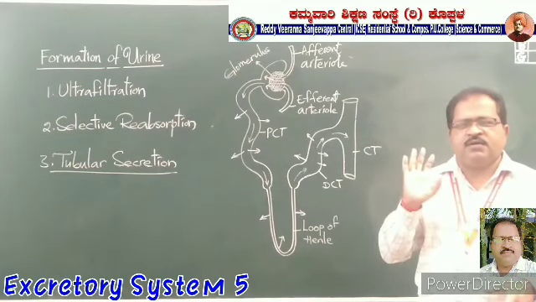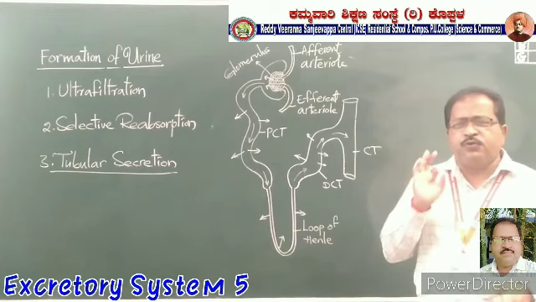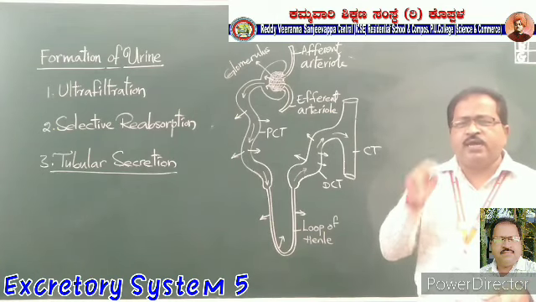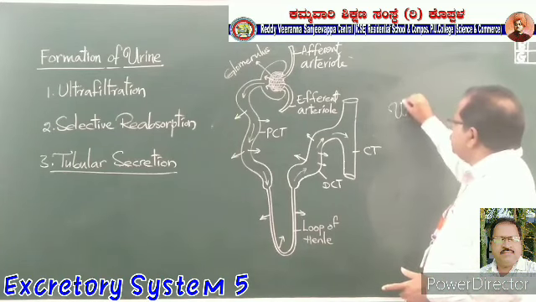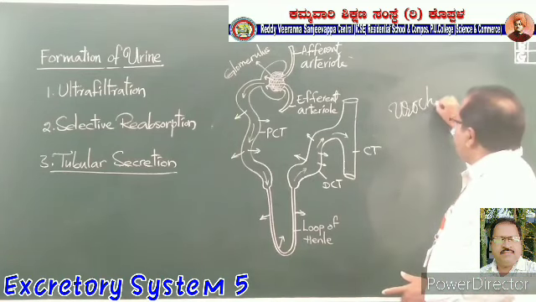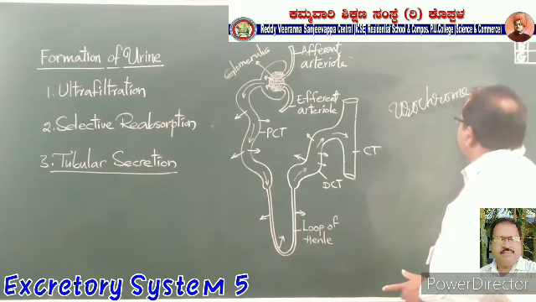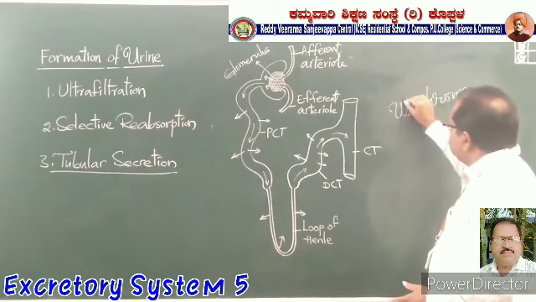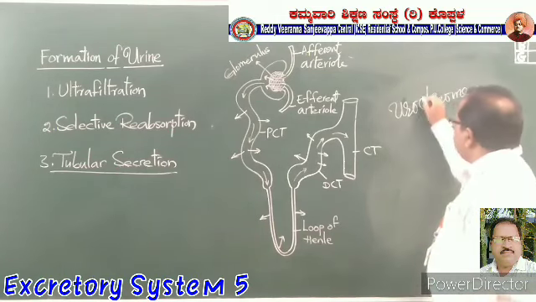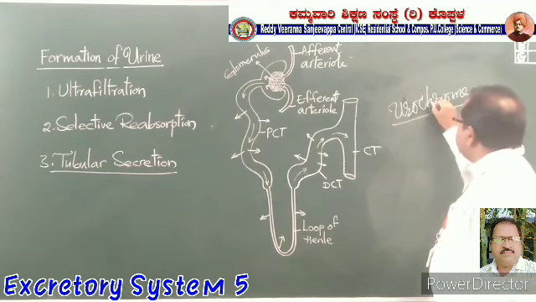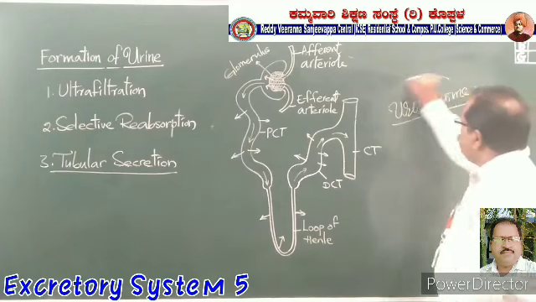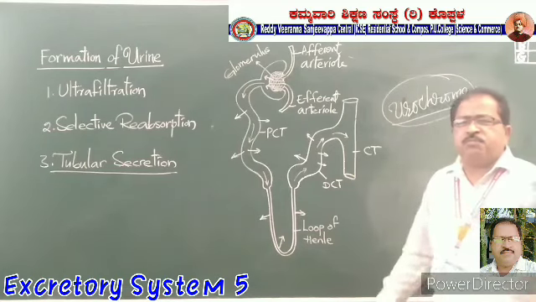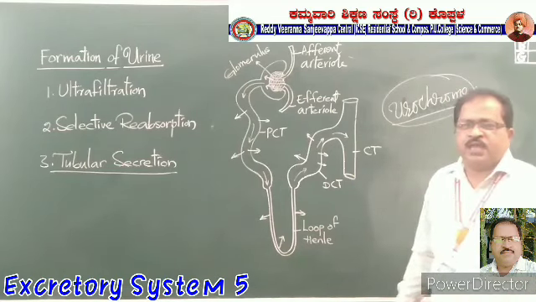But the color of the urine is given by a color pigment present in the urine called urochrome. Because of this urochrome, urine is always pale yellow.